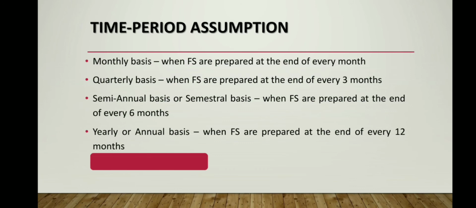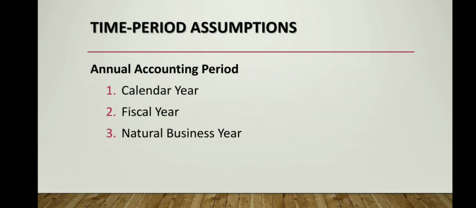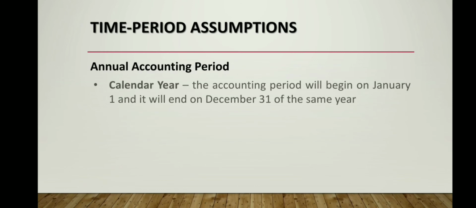The annual accounting period could either be calendar year, fiscal year, or natural business year. In the calendar year period, the accounting period begins on January 1 and it will end on December 31 of the same year.